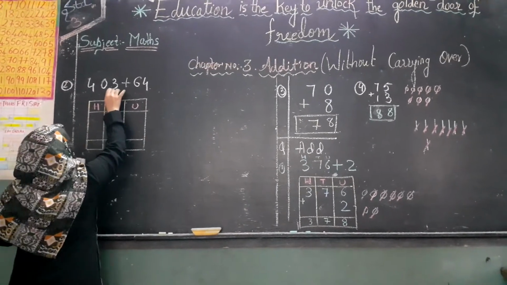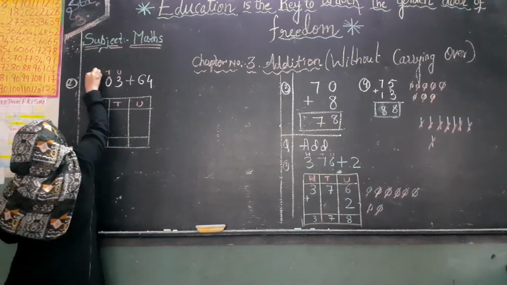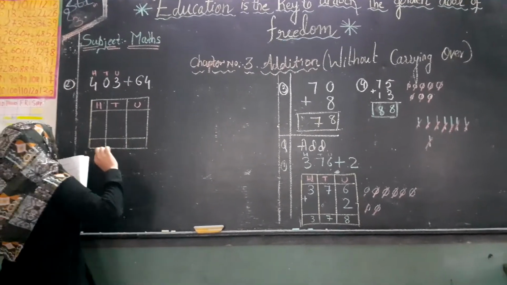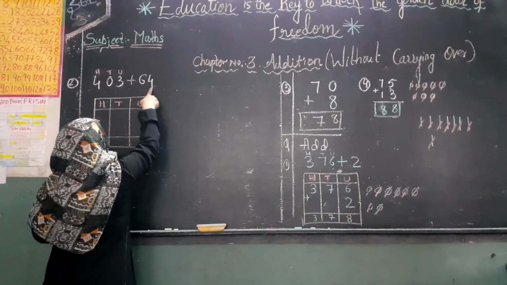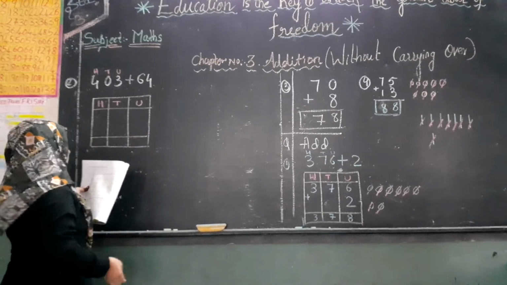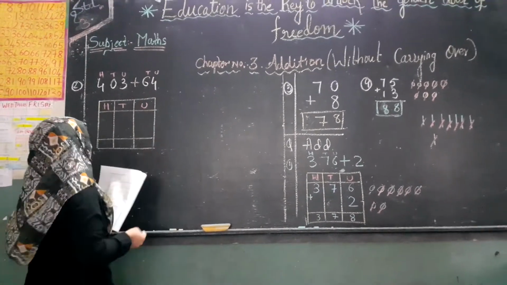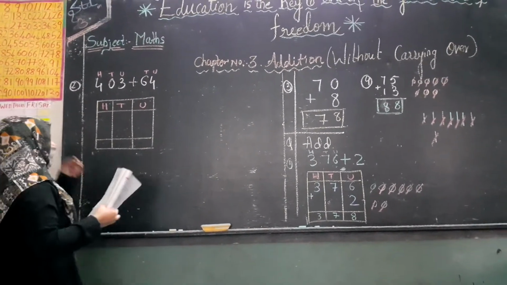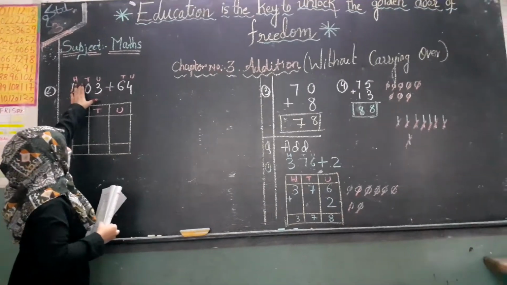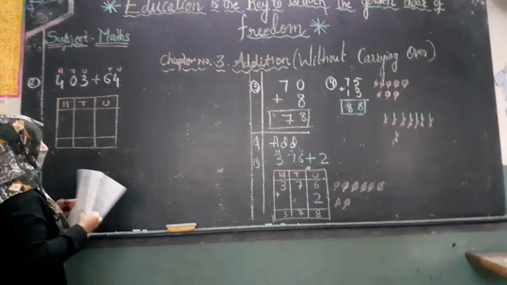In this you will write units, tens and hundreds. Now 64 is a 2-digit number. So we will write first units and tens. Have you understood? Always write this so you don't have difficulty doing this in the box.